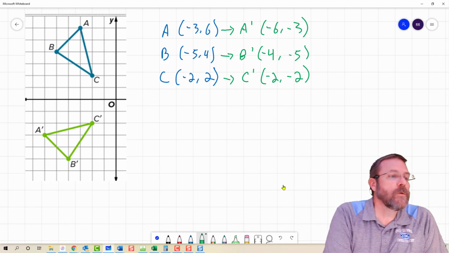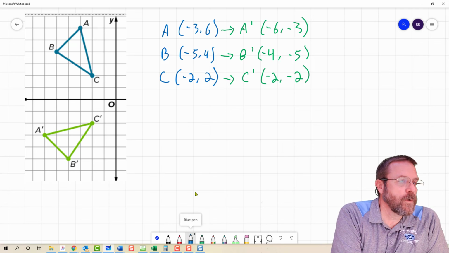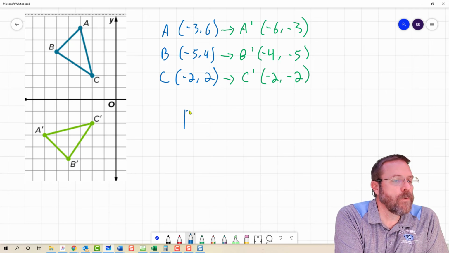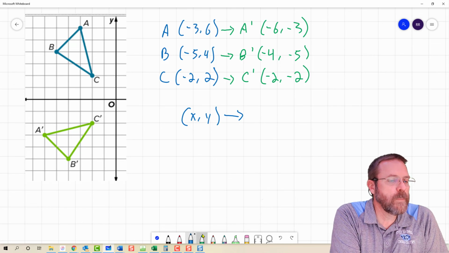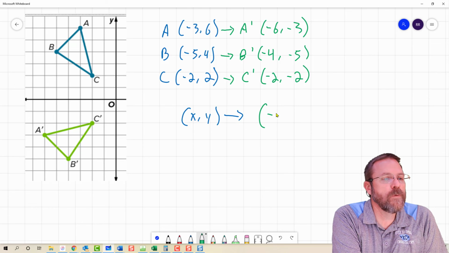And you notice that there is a very distinct pattern going on here, where we had my points (x, y) that all went to becoming new points of (-y, x).